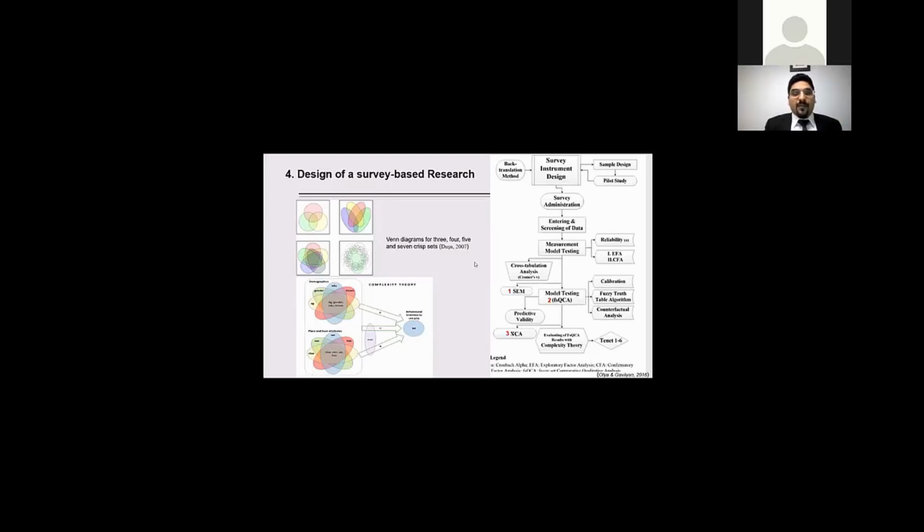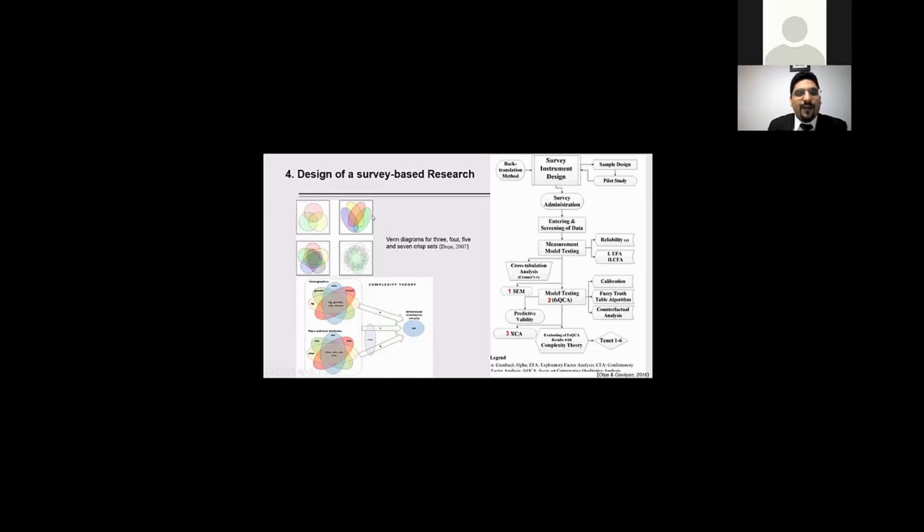And as I mentioned, we use Venn diagrams. These are the Venn diagrams. It's not like just ovals and circles or squares that we use for SEM. If you have 3 factors that you want to show as a complex configuration, you will use this figure.